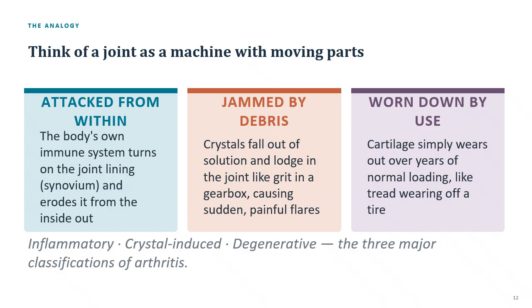So these 3 mechanisms that you see here, immune attack, crystal deposits, and mechanical wear, are going to produce different patterns. Our job is to learn what each pattern looks like and how it might affect the patient's positioning.